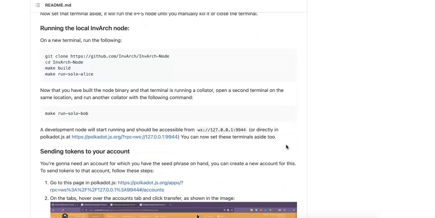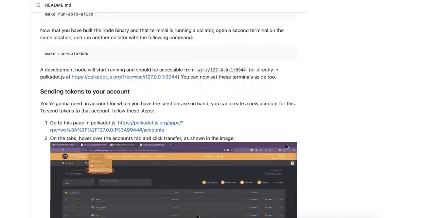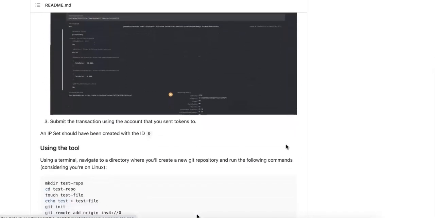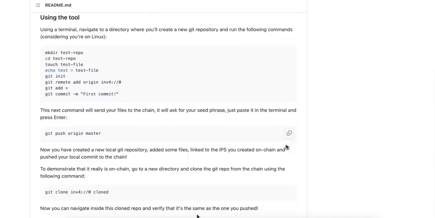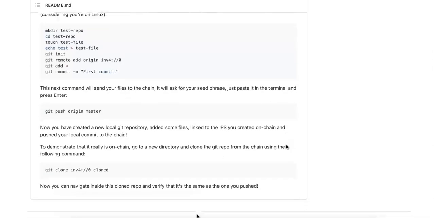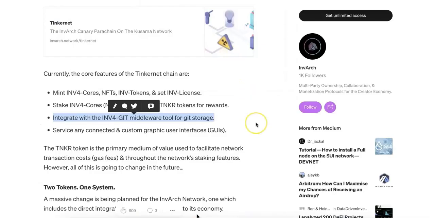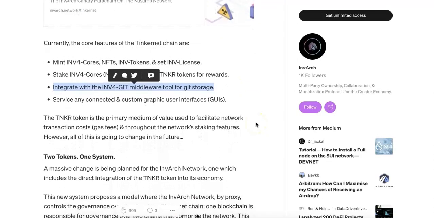So basically now, with the help of blockchain technology, you can have Git, and from their GitHub you can see that it's almost the same way you use Git, but this is a decentralized version of Git. I hope in the future more people will use that, and myself, I will probably try this decentralized version of Git.